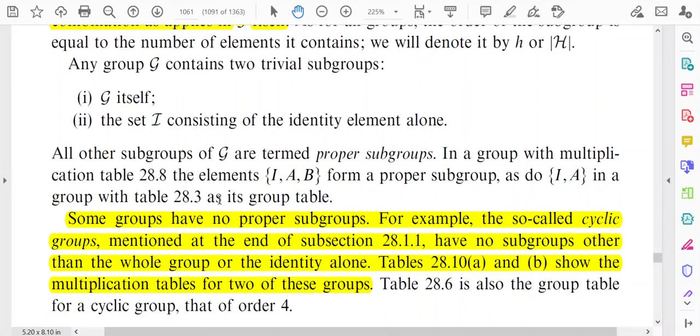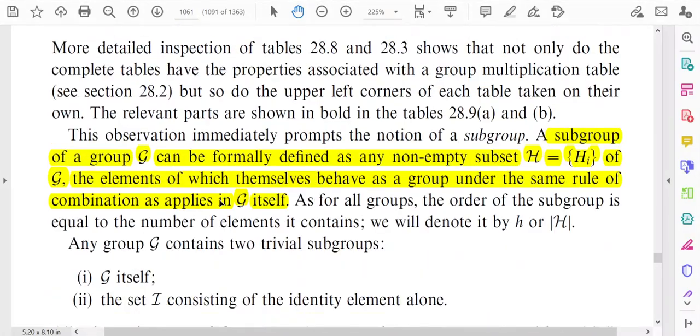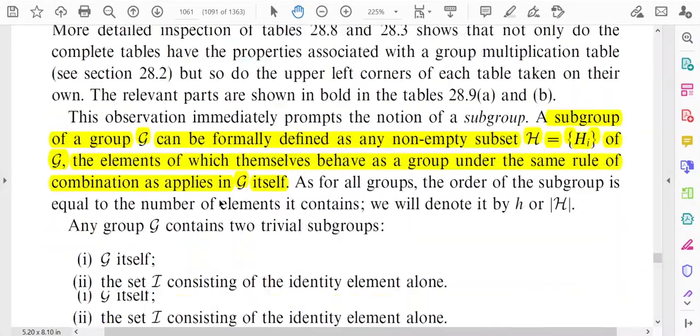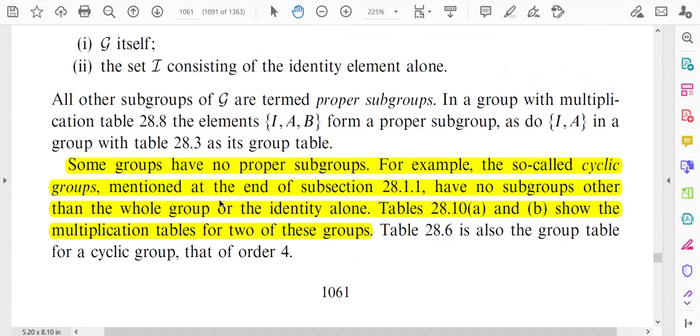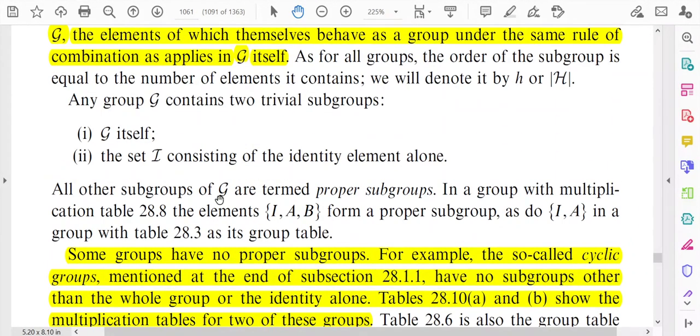The tables 28.8 and 28.3 we have already discussed before. So the three elements I, A, B for table 28.8 and the elements I, A for 28.3 are examples of proper subgroups.